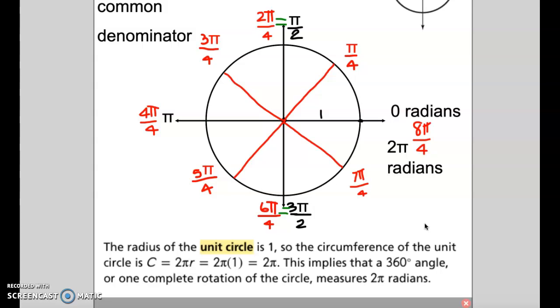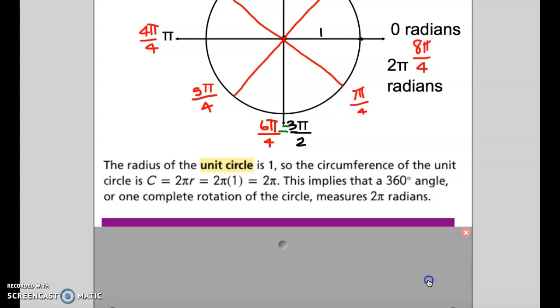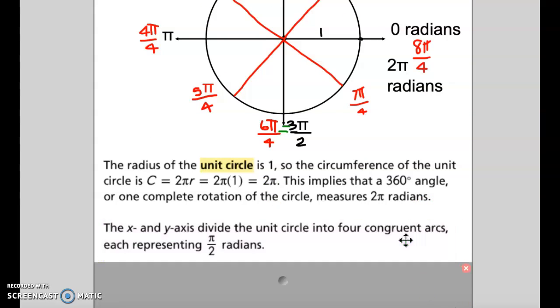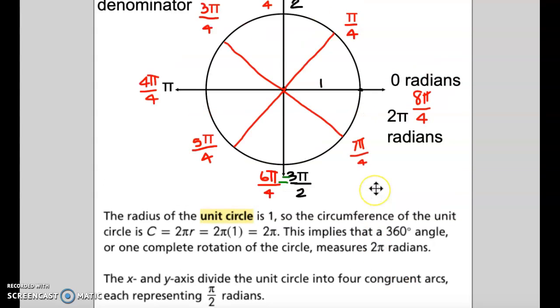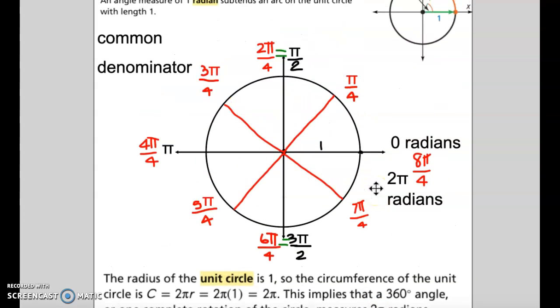All of these measurements can come out of the unit circle just like we would break it down in degrees. We can divide the x and y axis into 4 parts, just like we did. And then I can even continue to break it down, just like we would with degrees. And we're going to use this to practice drawing angles in radian measure.